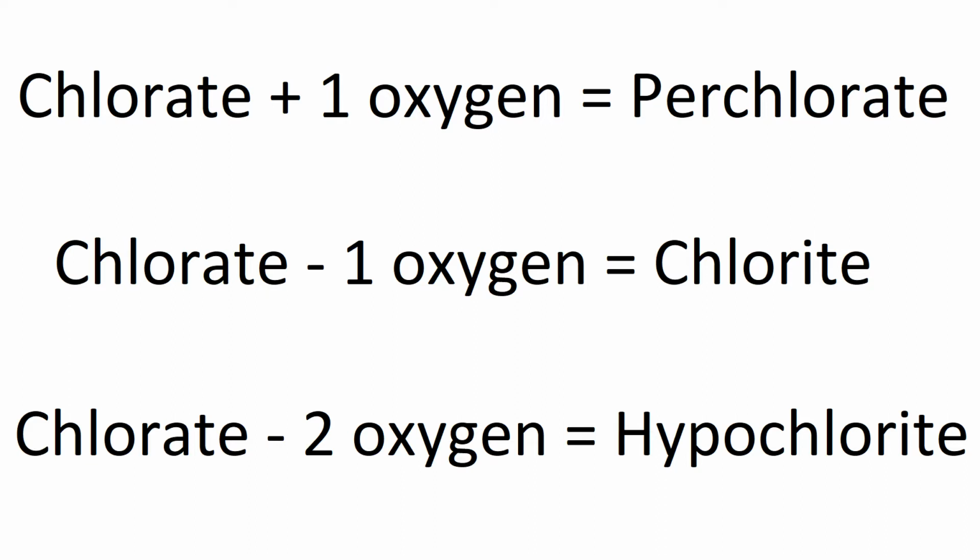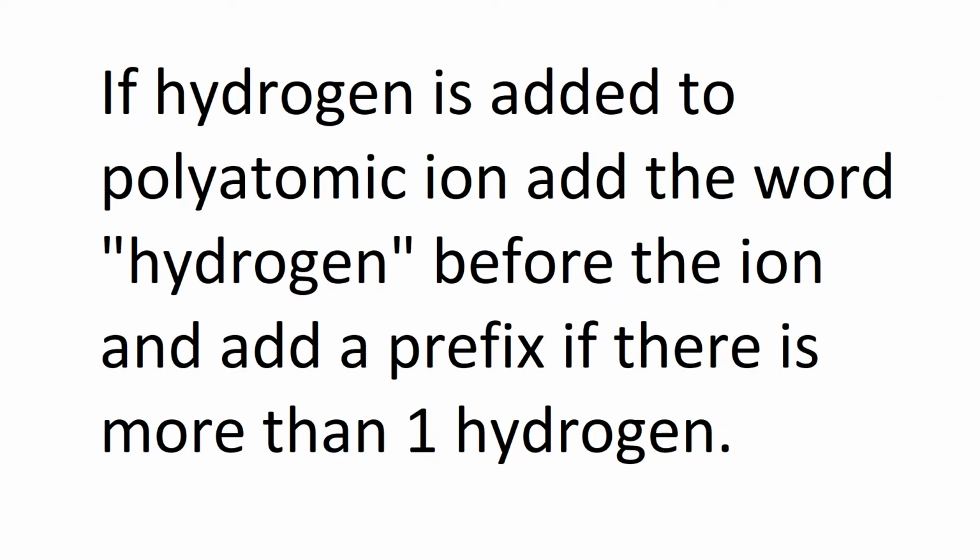And if you take two oxygens from chlorate, or one oxygen from chlorite, you get hypochlorite, where you add the prefix hypo- and also the suffix -ite instead of -ate. So that was with oxygen.